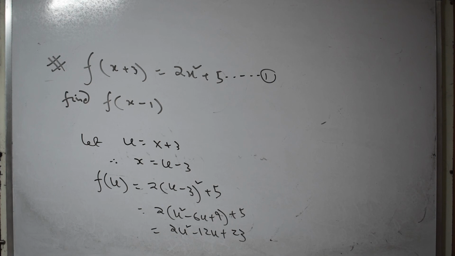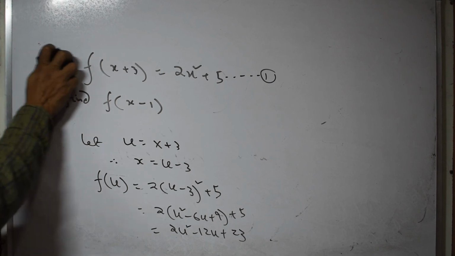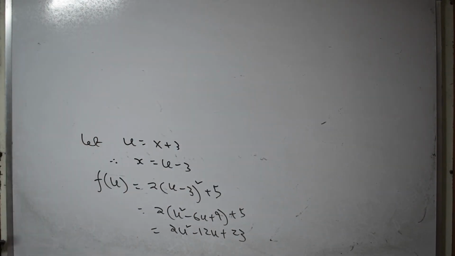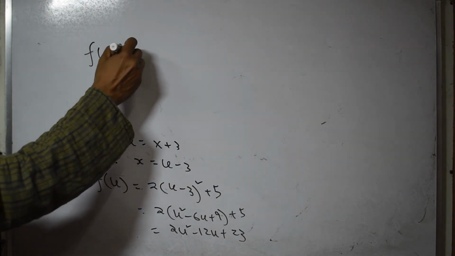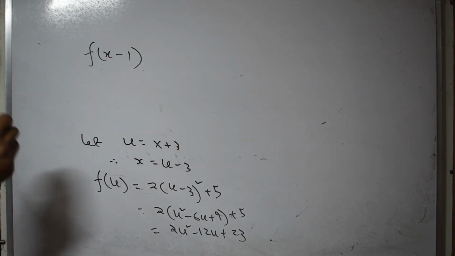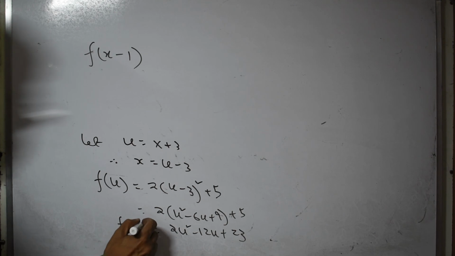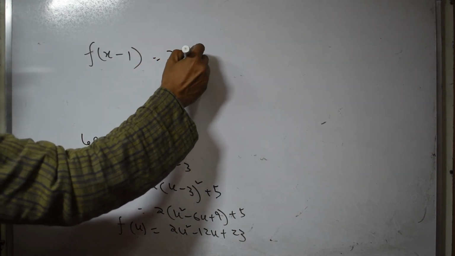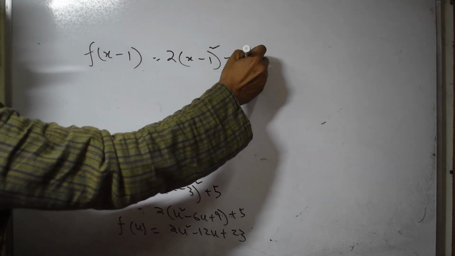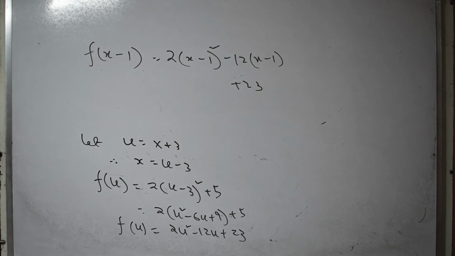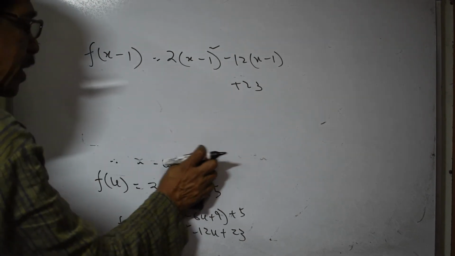But the question is not f of u. We are asking you to find f of (x minus 1). That means we need to know the function of x minus 1. So just do one thing, replace the value of u now. This is the function of u, finally. Replace u as x minus 1: 2 into (x minus 1) whole square minus 12 into (x minus 1) plus 23. So we can simplify and get the final answer.